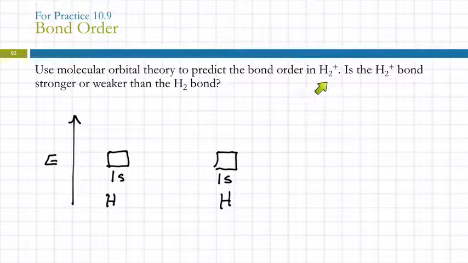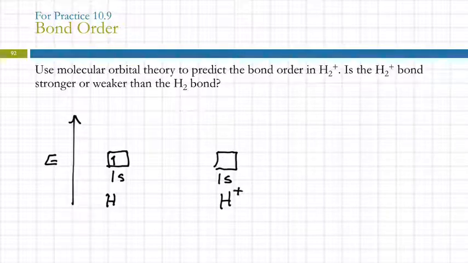But this is H2+. So each hydrogen atom has 1 electron, right? But in this polyatomic ion, how many electrons are there? There's only 1. That's how we get the positive charge. So I have to take that electron away.